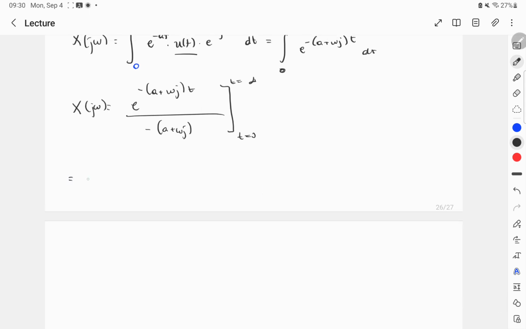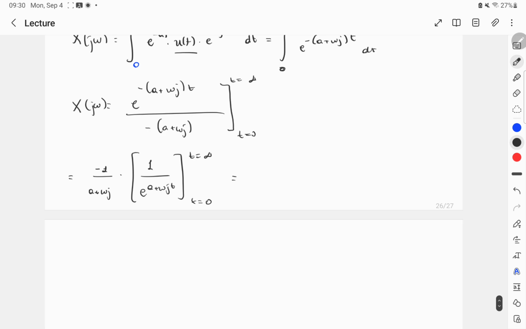And let me take the denominator out. Here we have again the same boundary conditions. And if t equals infinity, it will give us 0. Let me write it more openly.